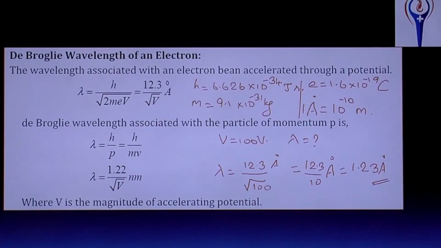How much is a nanometer? 1 nanometer equal to 10 power minus 9 meter. So this is in terms of nanometer. Here V is the magnitude of the accelerating potential or applied voltage.